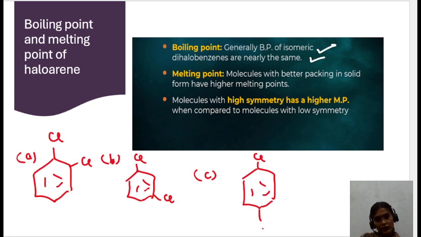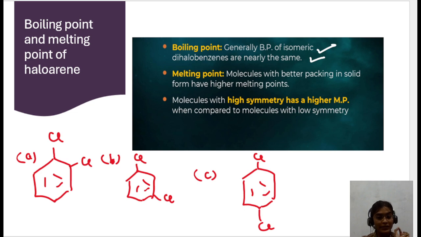First question: can you tell me the boiling point first of all? A, B, and C, which one has a maximum boiling point? Recall what boiling point is. Boiling point depends on the area or branching. No, you are mixing the concept.